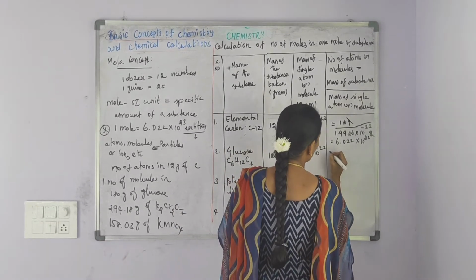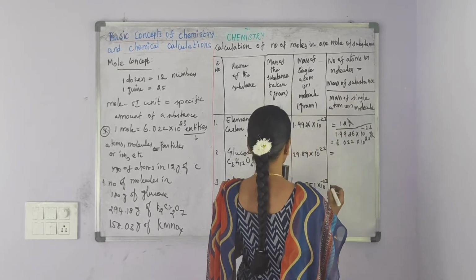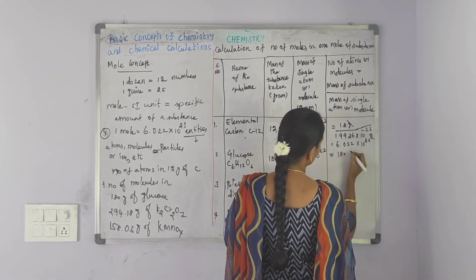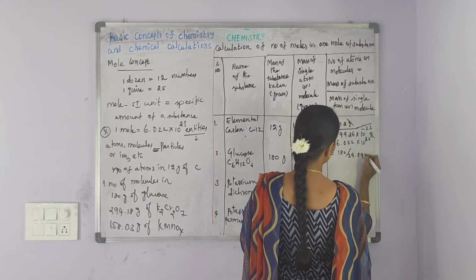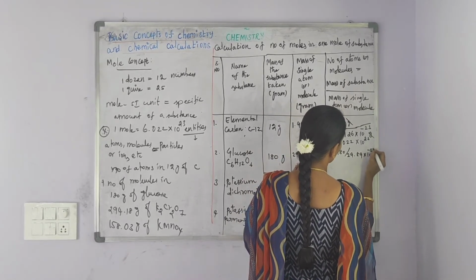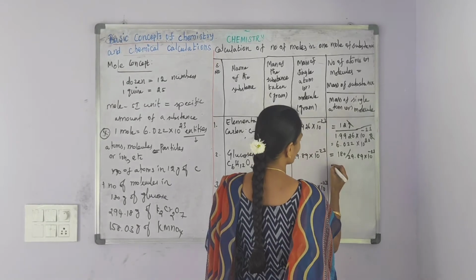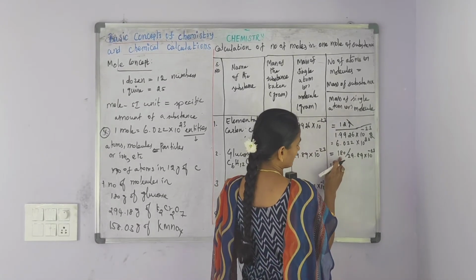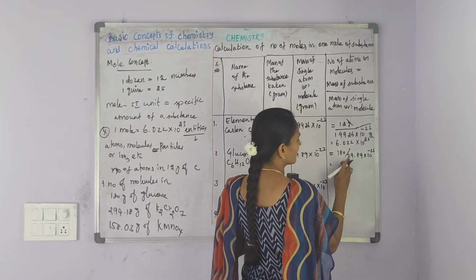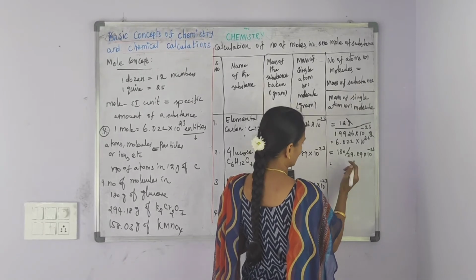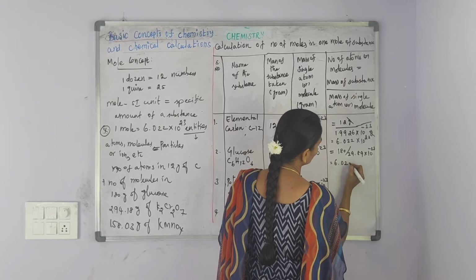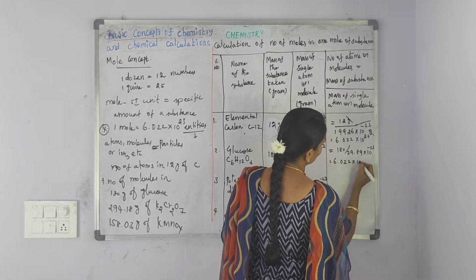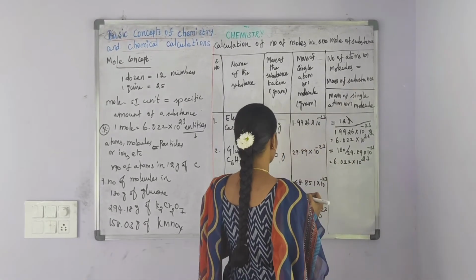So, number of glucose molecules is equal to 180 divided by 29.89 into 10 power minus 23. By simplifying 180 divided by 29.89, the answer is 6.022 into 10 power 23.